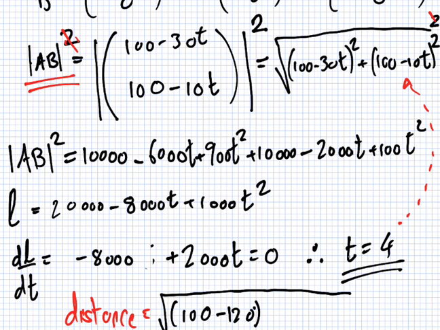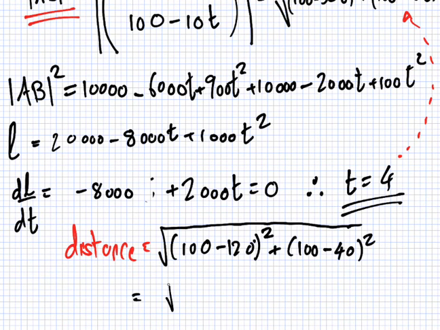Do I have an answer? Well, yeah, I could put it in here and then square root it. Well, I'll just put it back in here. 100 minus 120 squared plus 100 minus 40 squared.